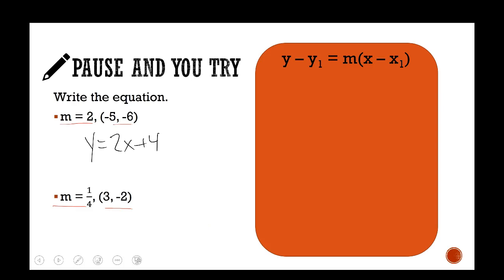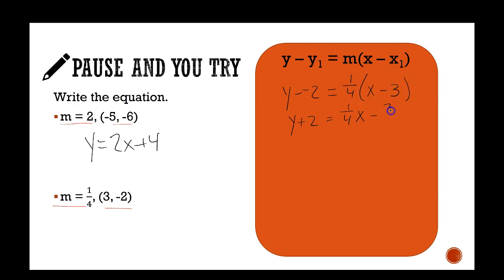All right, let's look at the second one. Plug in 1/4 for the slope. We got 3 for x and -2 for y. So I'll distribute. Now this one you would have ended up with a fraction for this second part, but that's okay.